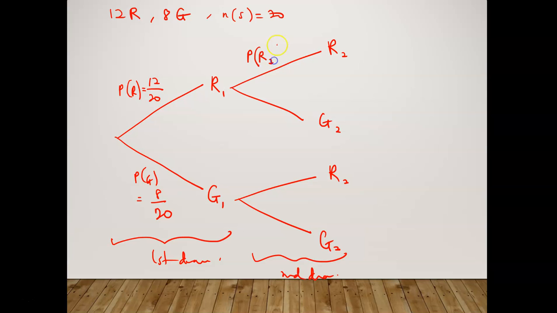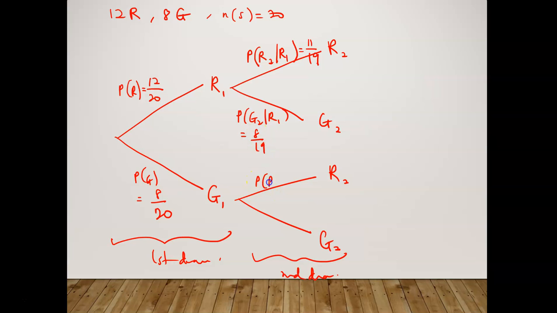So P(R2 given R1): you take out red for the second draw, given that the first ball is red. Because you already took one red ball out, the probability will be left 11 over 19. This one is P(G2 given R1), so this becomes 8 over 19.